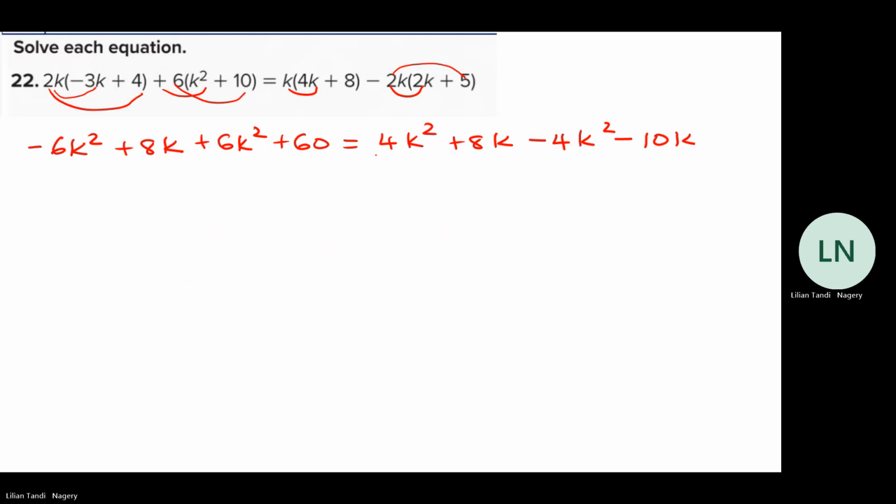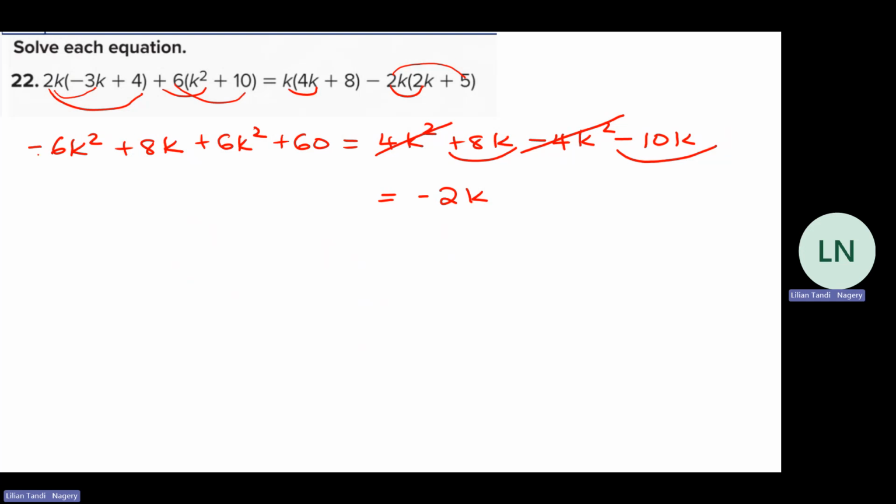Okay, this and this goes away, and I'm left with negative 2k, because plus 8 minus 10 is negative 2, and then k. Okay, 4k squared, 8k, minus 2k, this becomes negative 4k squared, minus 10k.